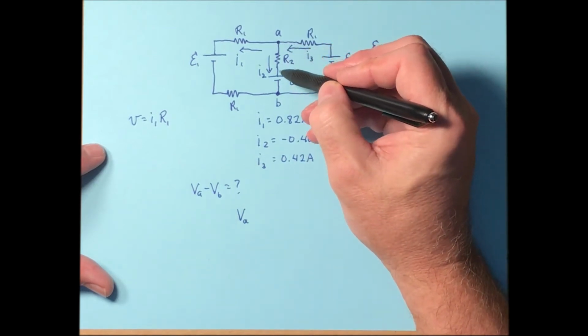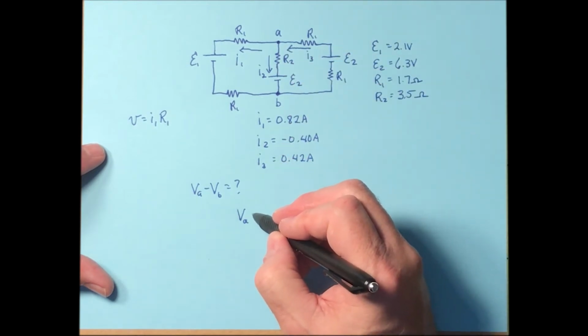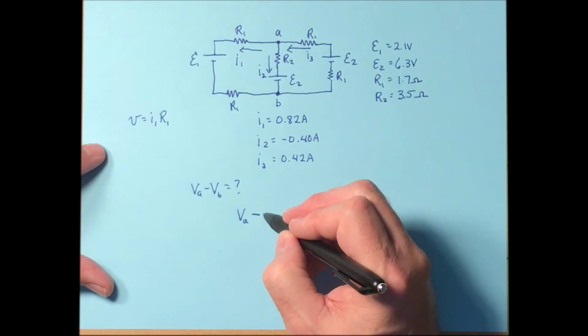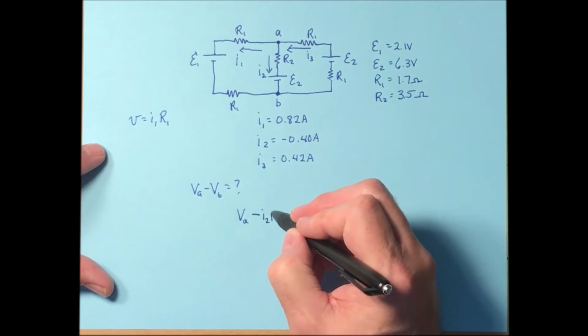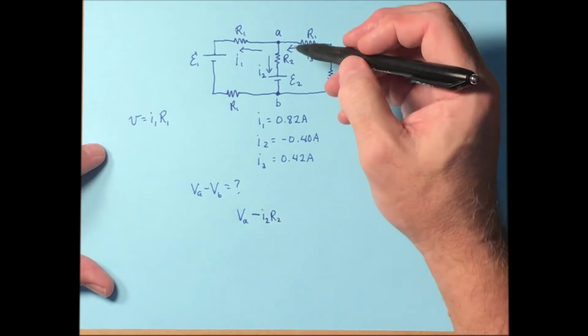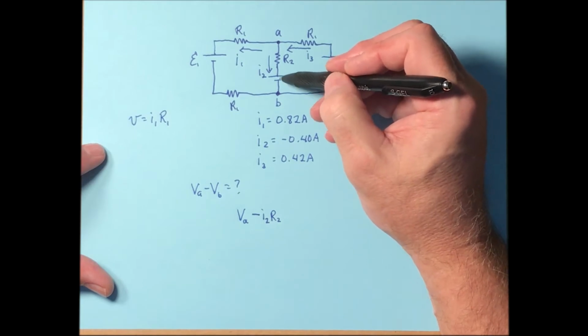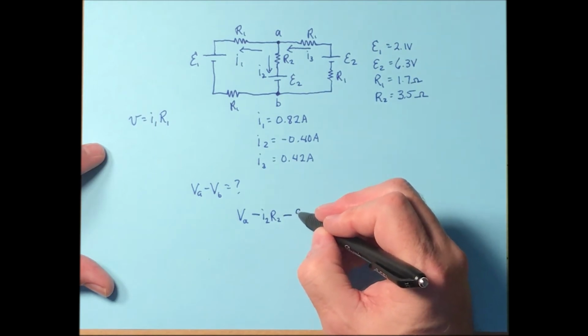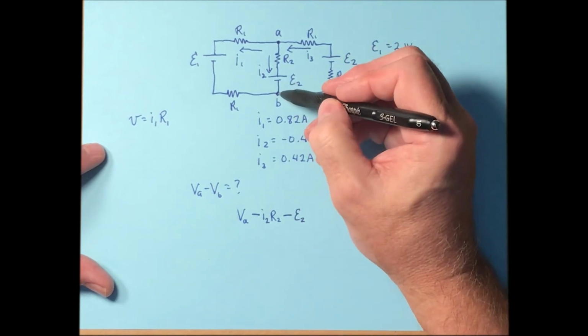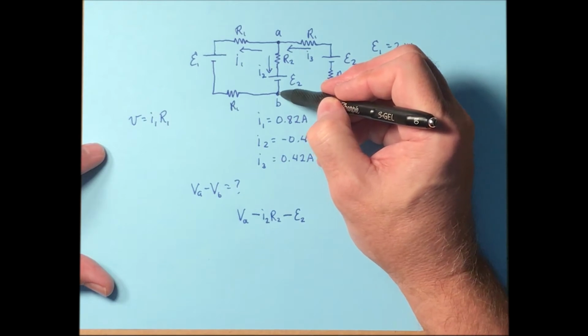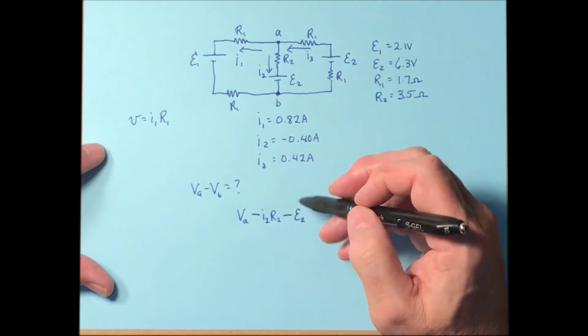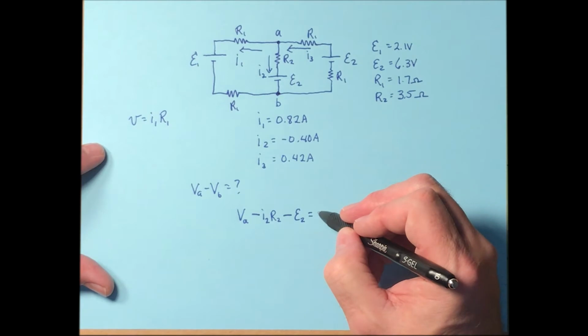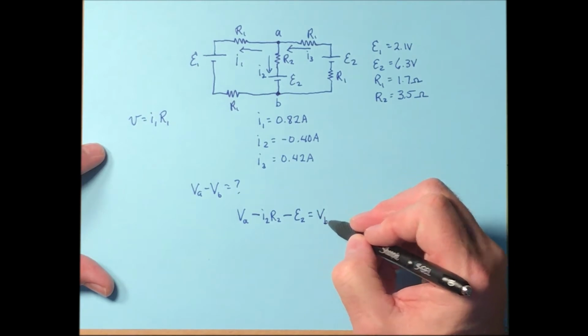And then we cross over R2, and since we're going in the direction of the current, that's a drop, so let's call that negative I2 R2. And then we're going across E2 here, and that's going from the high side to the low side. So that's also a drop, minus E2. And then we end up at point B. So that is equal to the potential at B.